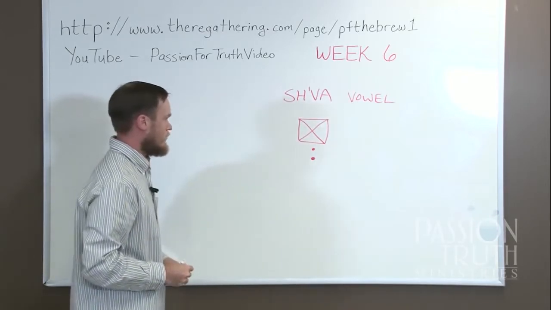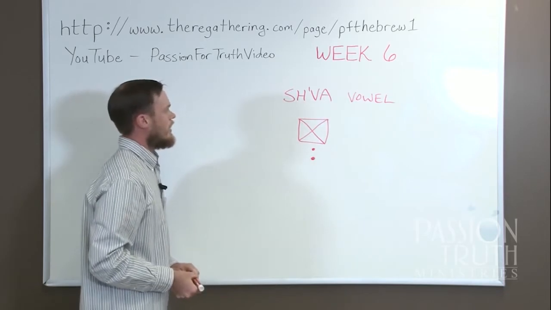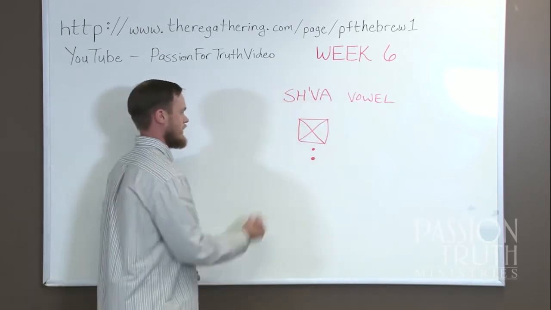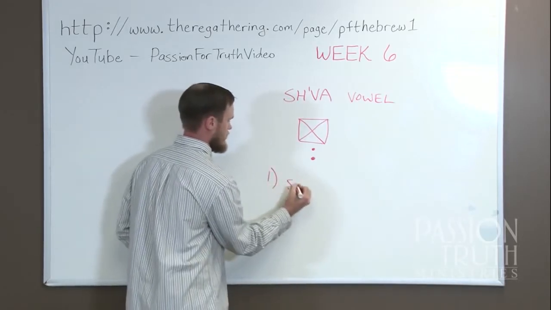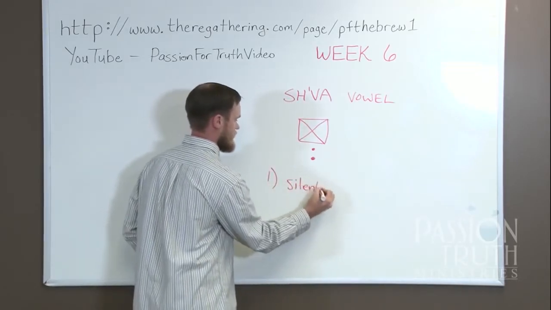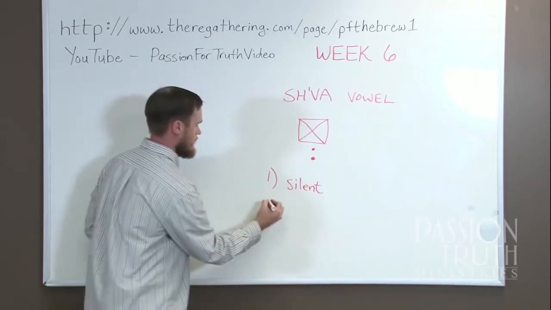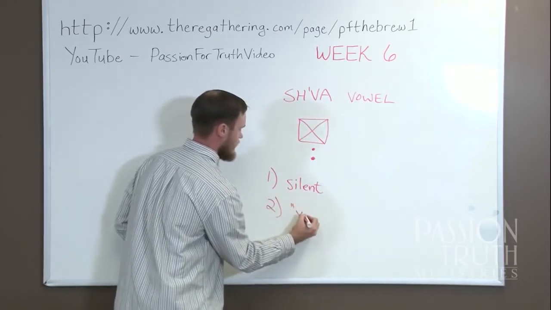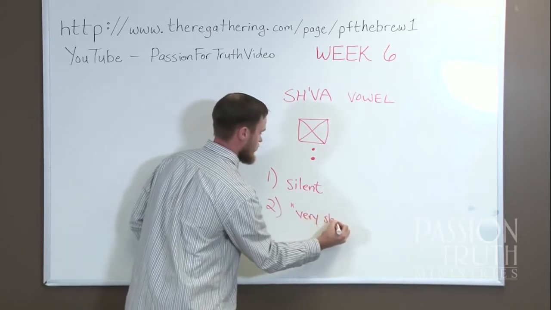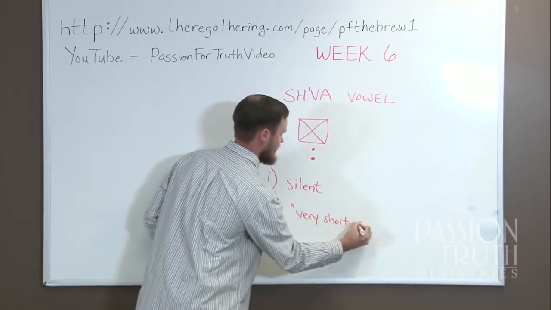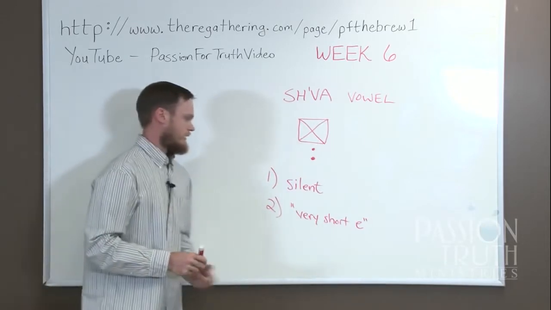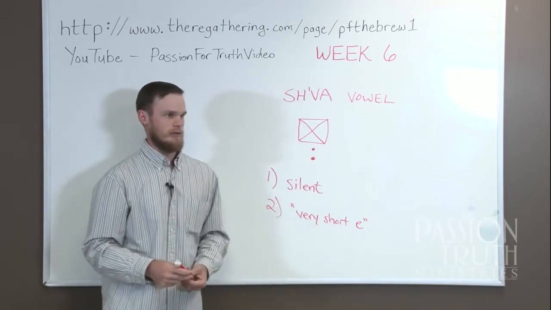And the shva vowel can make 2 different sounds. It can either be silent, or what I would call a very short E. It's barely a sound at all. It's just a little eh.